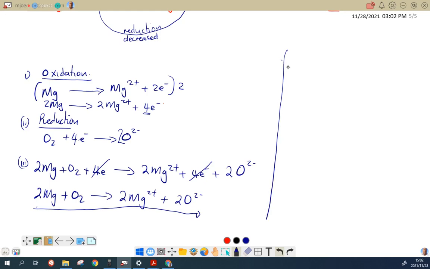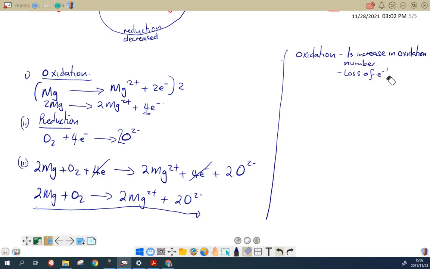So what is important to remember is, what is oxidation? Oxidation is an increase in oxidation number. How does it happen? It happens through the loss of electrons.